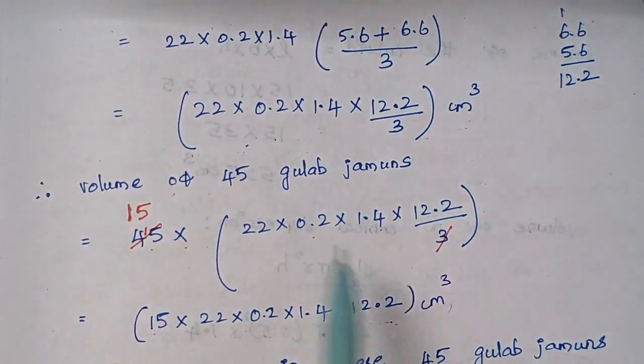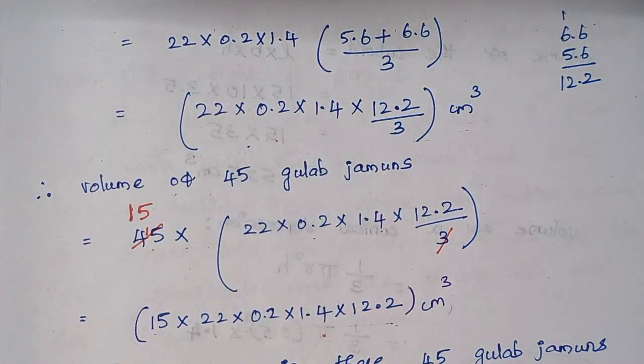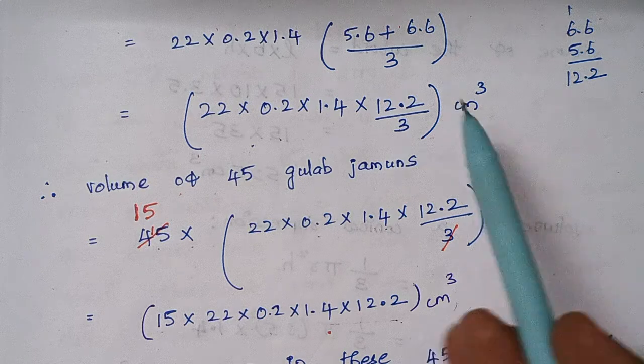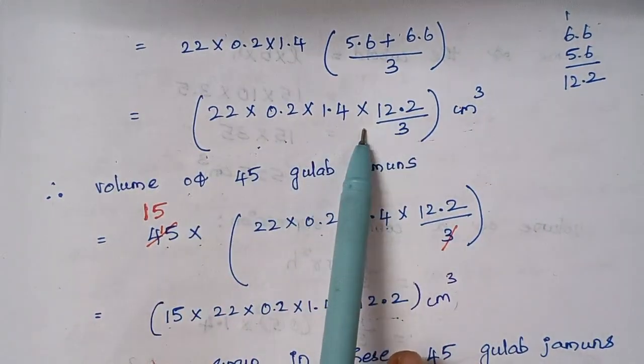Anyway, don't simplify and reduce it to a single number, because we are going to find the volume of 45 gulab jamuns. If there is any term which can easily cancel, then it will make our calculation simpler. So just don't reduce it, right? Let it be this. Now the volume of 45 gulab jamuns. This is the volume of one gulab jamun.